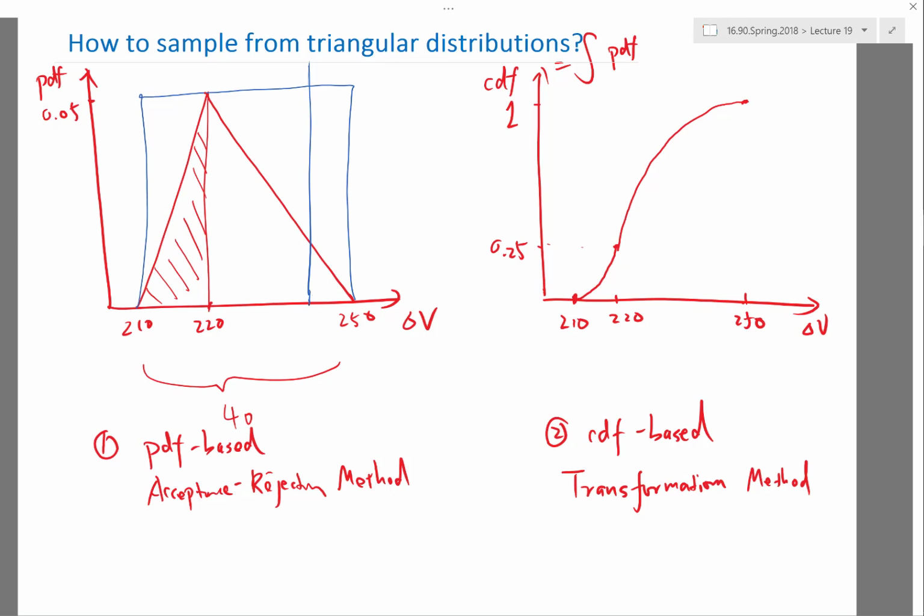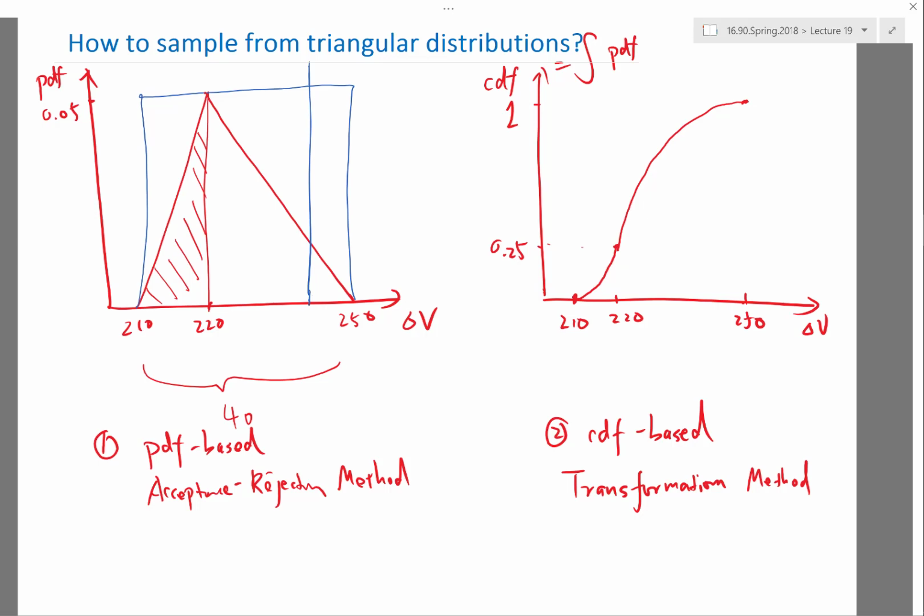And you can see from here that whenever you have a very shallow CDF, you are mapping... what does shallow mean? Shallow means you are mapping a small region in the y-axis into a bigger region in the x-axis, right? What that means is that the PDF is low in the x-axis, because it's very unlikely for you to get a sample in the y-axis that lies in a very narrow region.